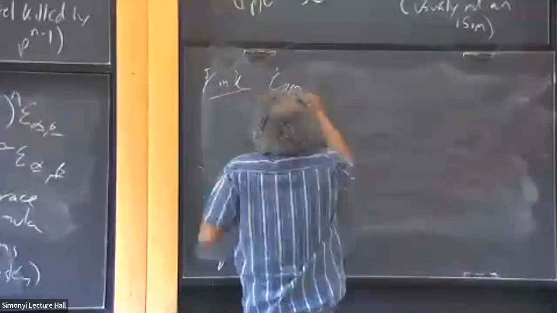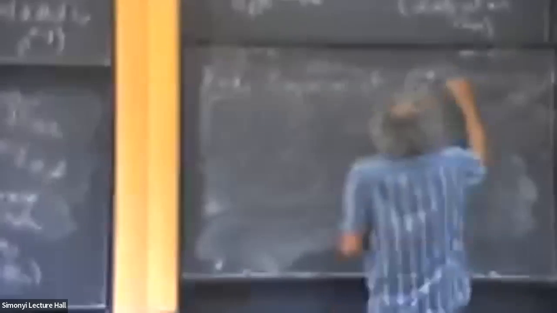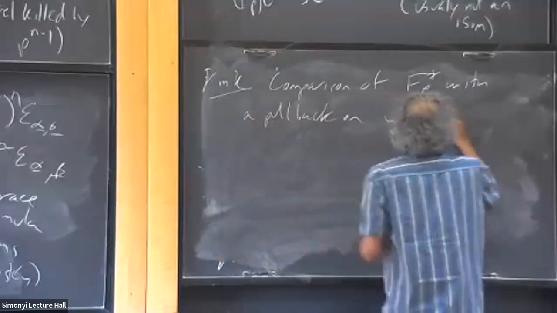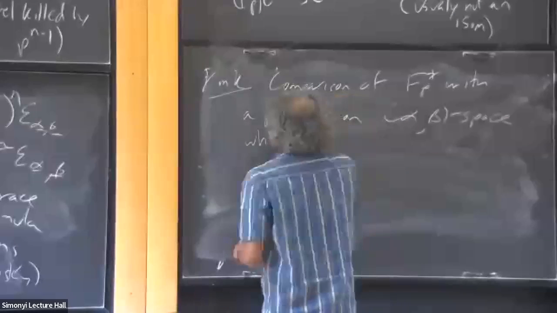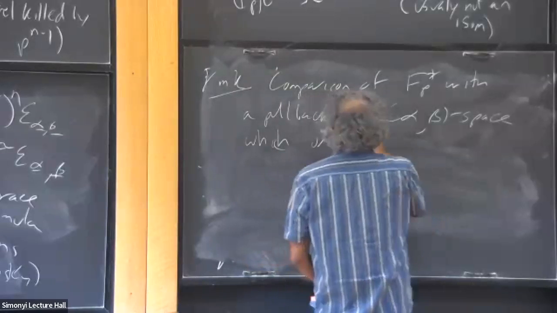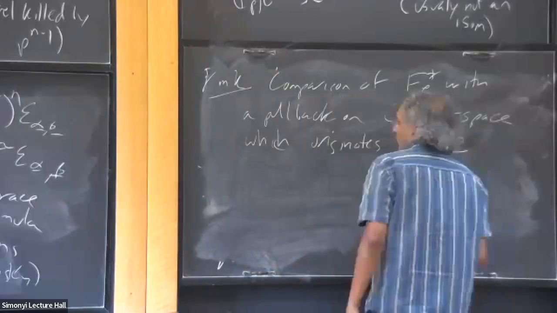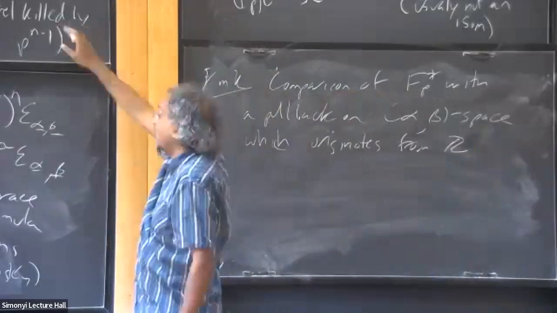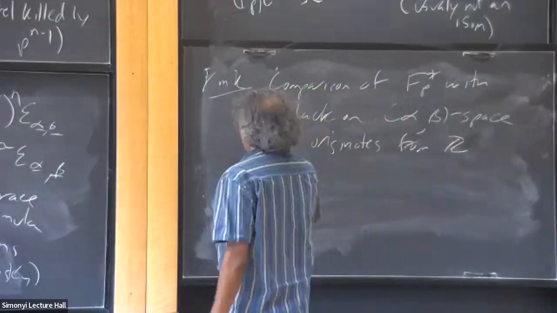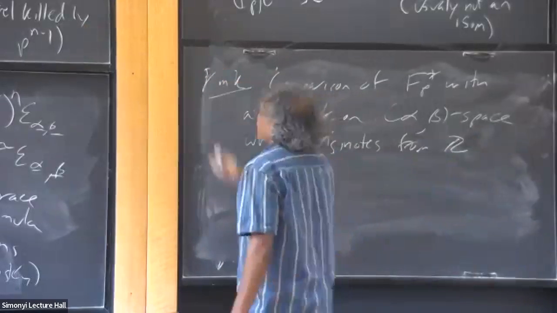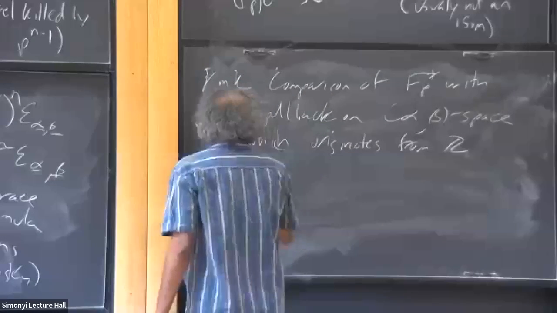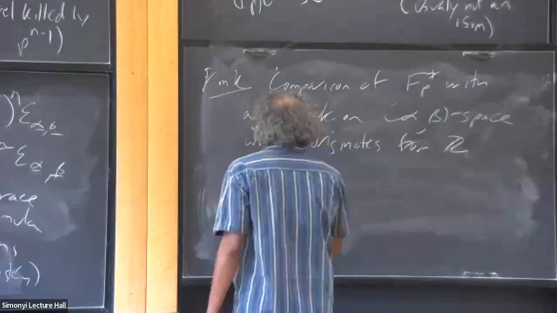Right, this is a comparison of F_P star with a pullback on, so to speak, the alpha beta space, which makes sense, which originates from Q, or maybe from Z. Right, it's the completion of some morphism that in an obvious way was already defined over Z. And those morphisms, right, multiplication by P on these things, well, if I take different primes, then you get a family of morphisms on the genuine affine space on these things.